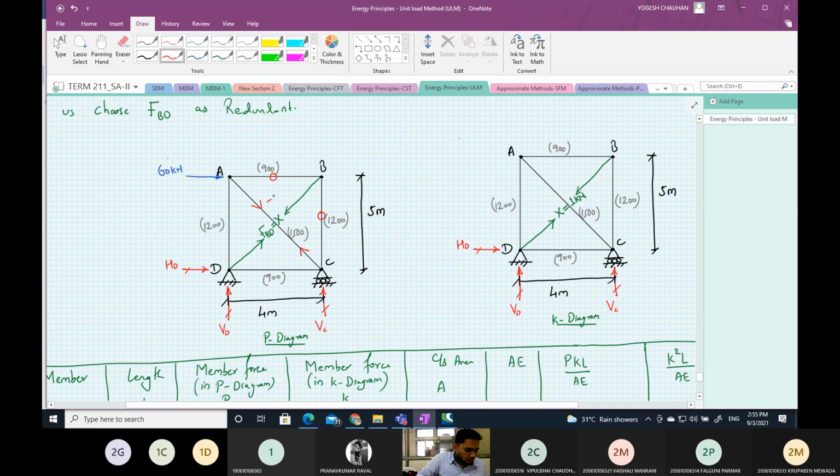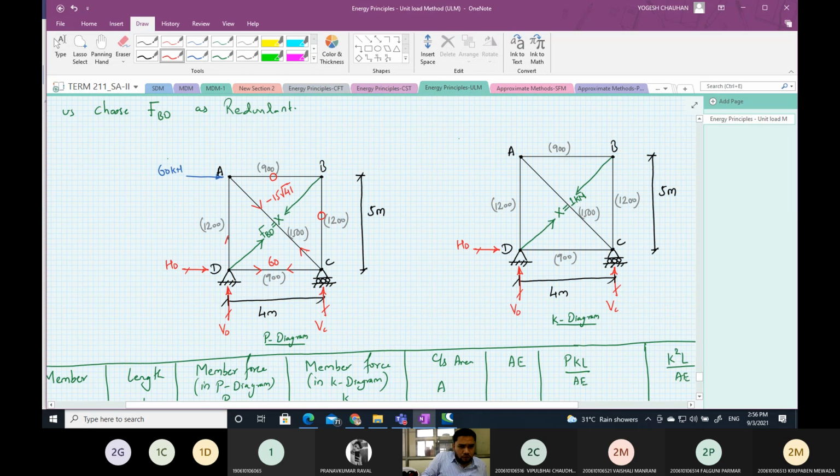So this will be minus 15 root 41. Then we'll get this force as 60.